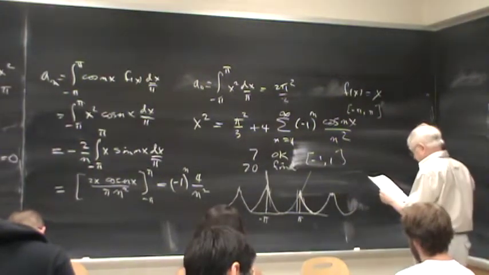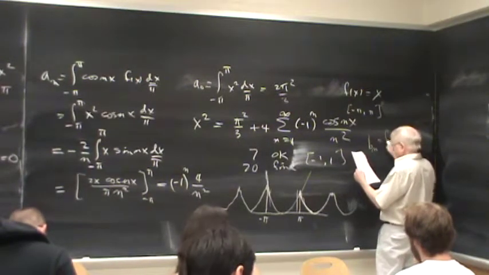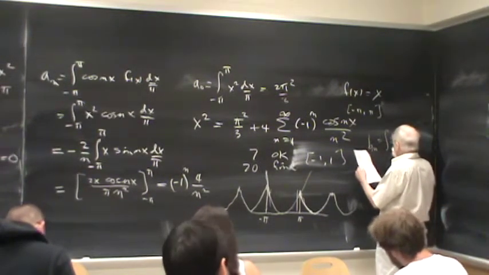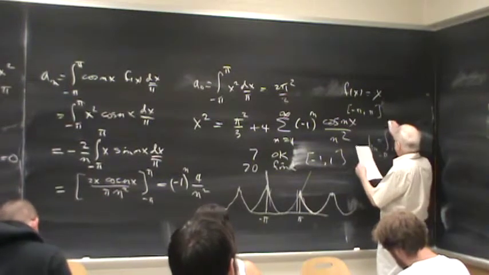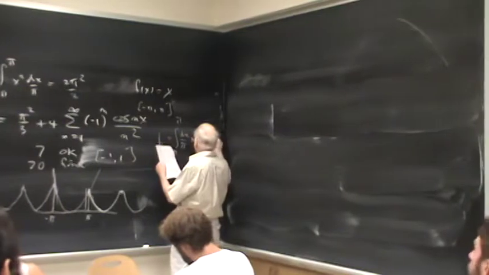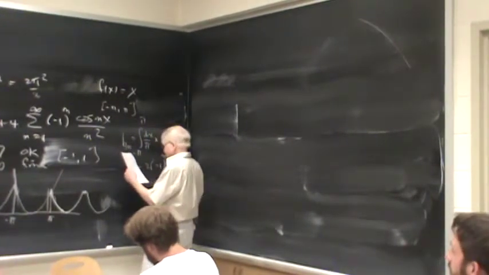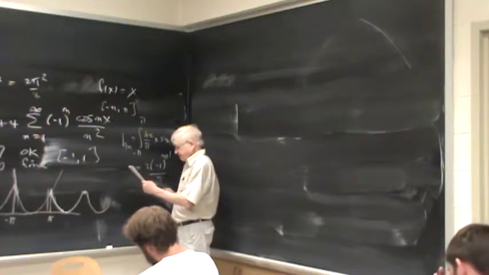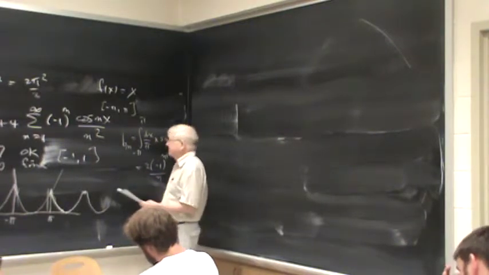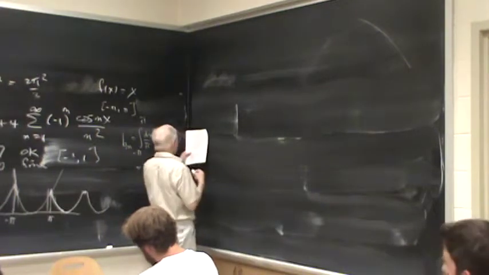And we get the coefficients b sub n is the integral dx over pi of x sine nx, and this is equal to 2 times minus 1 to the n plus 1 over n. So that's the series. The a coefficients all vanish because the function is odd.